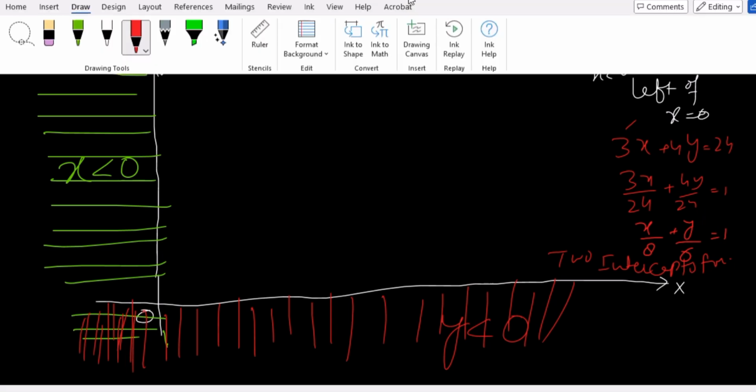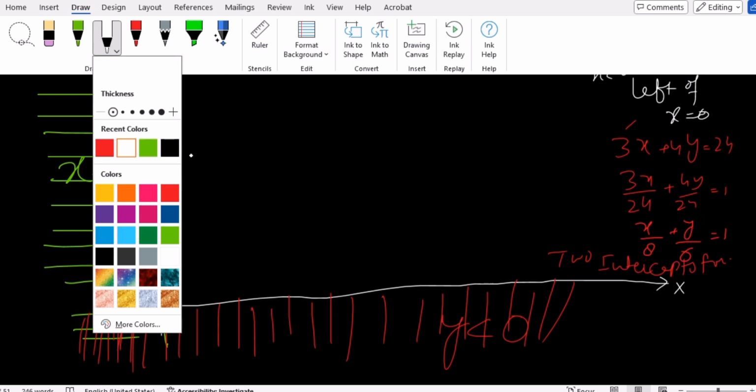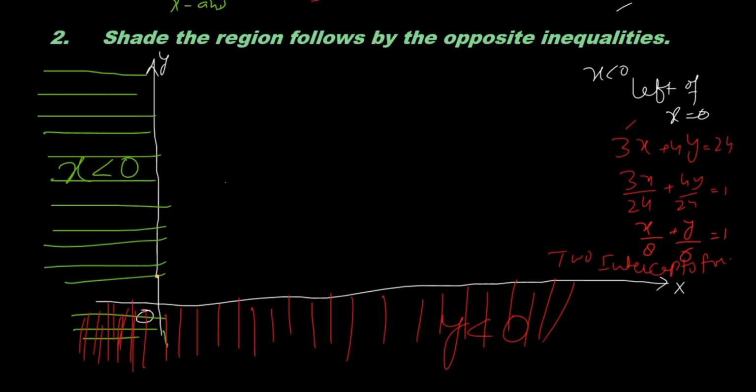Suppose this is 1 unit, 2, 3, 4, 5, 6. So this height represents y is equal to 6 here, and similarly this is x is equal to 1, 2, 3, 4, 5, 6, 7, 8. Suppose this distance represents x is equal to 8 here.